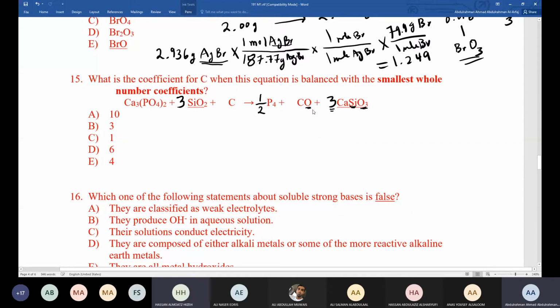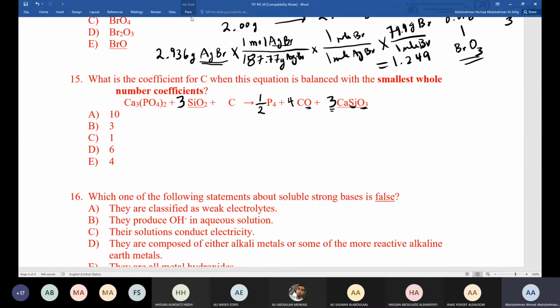And here 10. Well, what should I do? I will multiply this by 4. So we have 4 and 9, 13. We should multiply by 5. By 5. Yes.